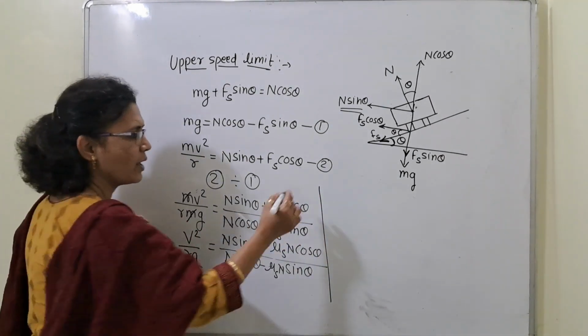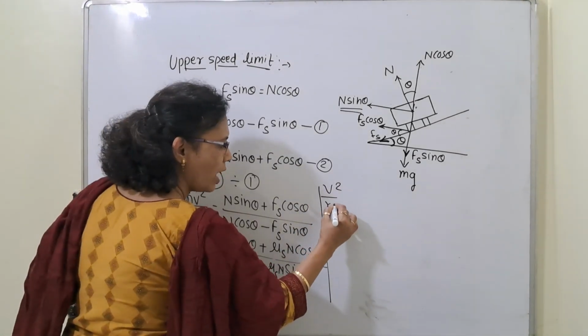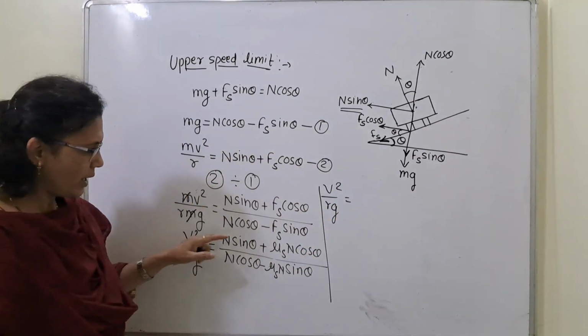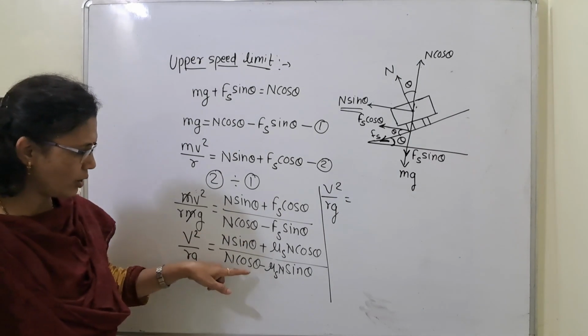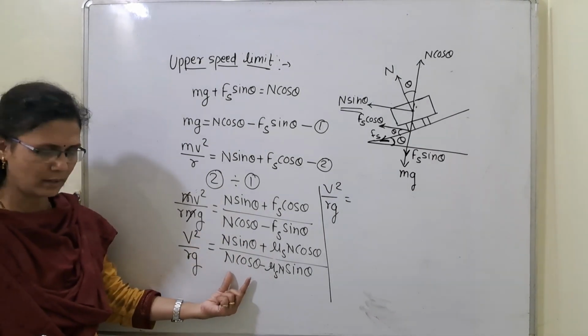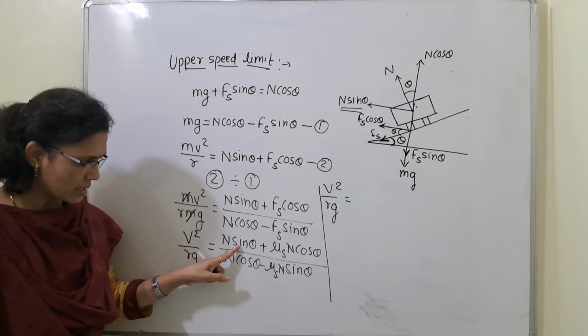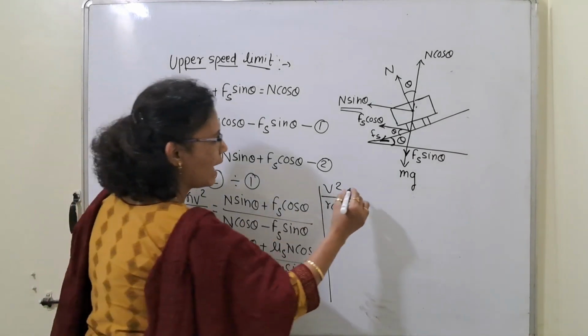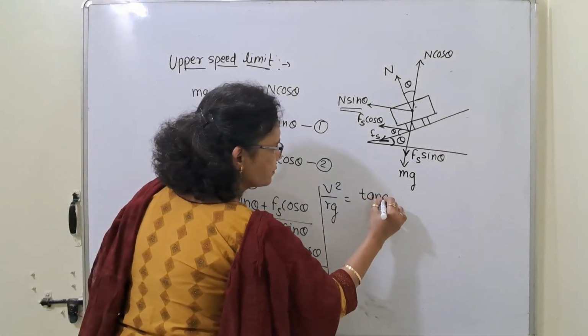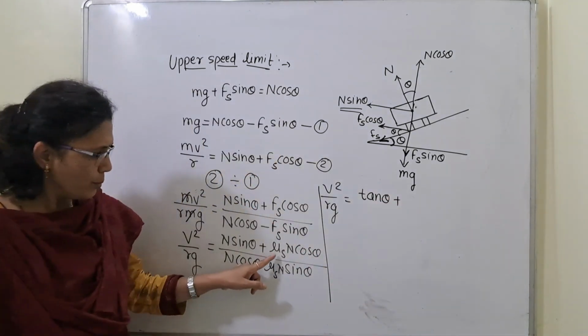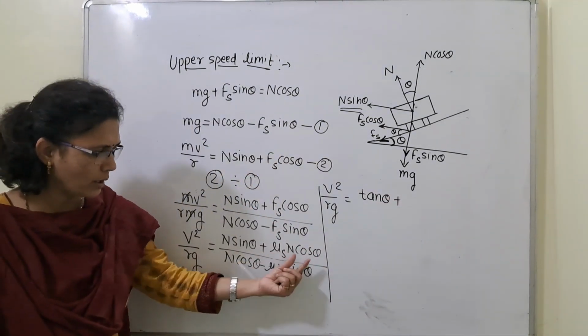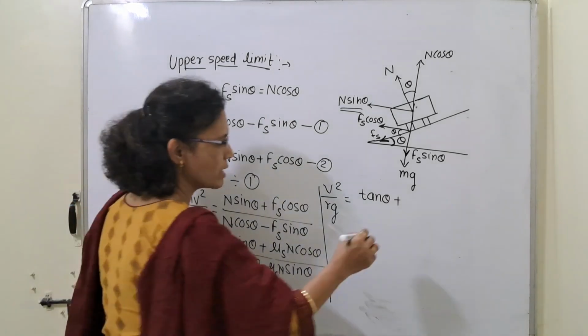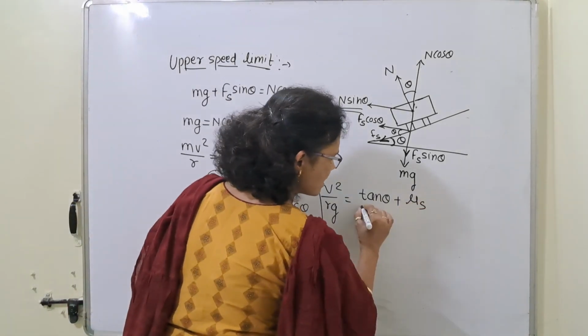How? Let us see. v square upon rg is equal to, if I divide this numerator and denominator by N cos theta, here N will get cancelled and only the remaining term will be N sin theta upon cos theta, that is tan theta, plus mu s N cos theta upon N cos theta, means only mu s will be there, N cos theta gets cancelled.